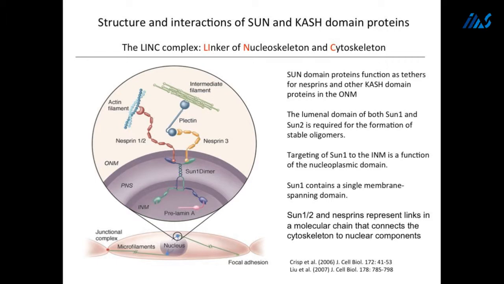So exactly as Yossi and the C. elegans guys suggested, these SUN-nesprin or SUN-KASH pairs really do seem to function as links in a molecular chain that connects the cytoskeleton to components within the nuclear interior. So we christened these SUN-KASH pairs LINC complexes, for linker of the nucleoskeleton and cytoskeleton.